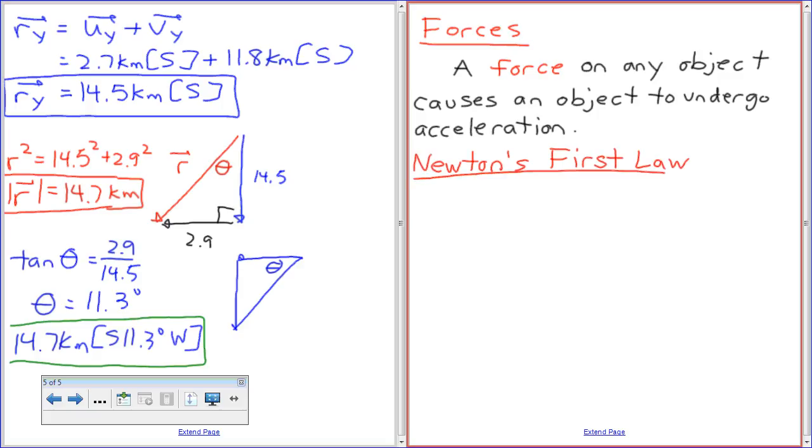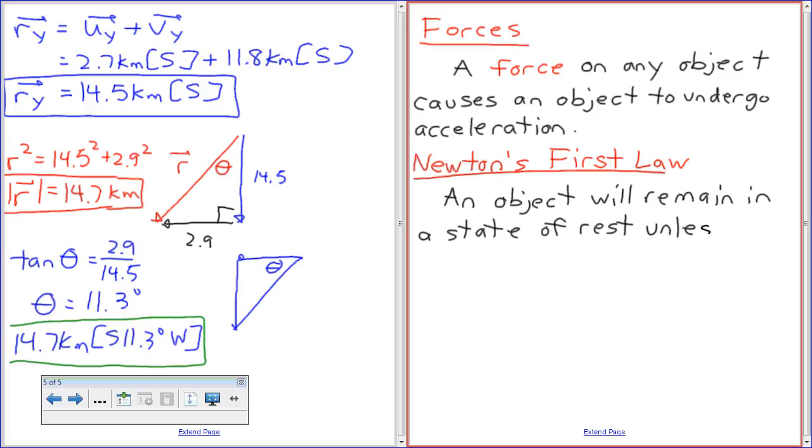Newton's first law says an object will remain in a state of rest unless it is compelled to change by the action of an outside force.